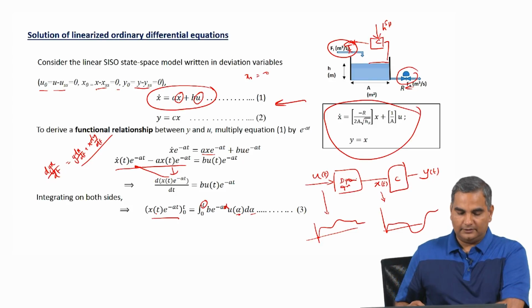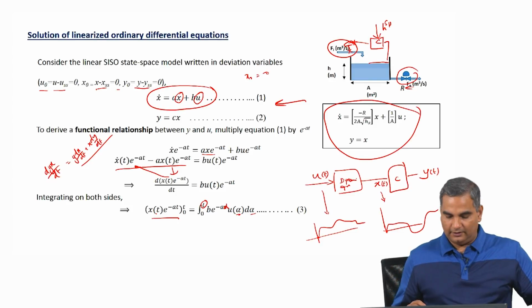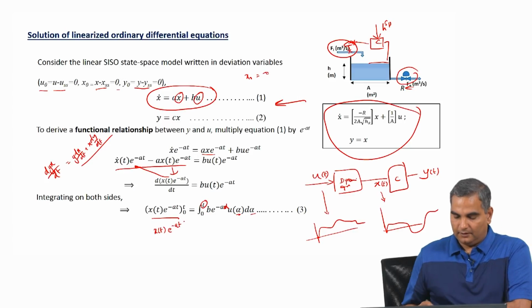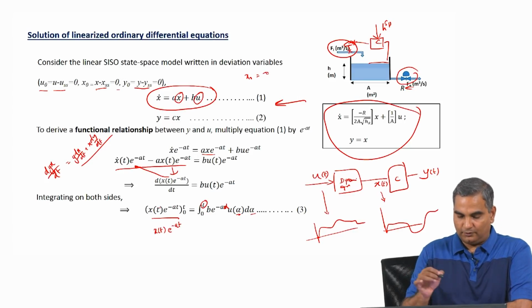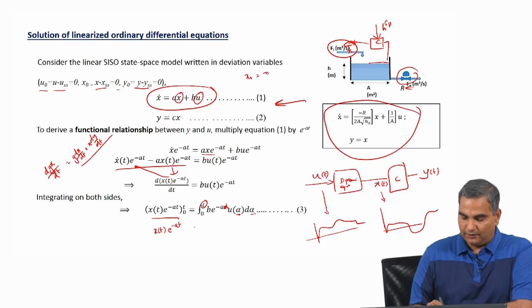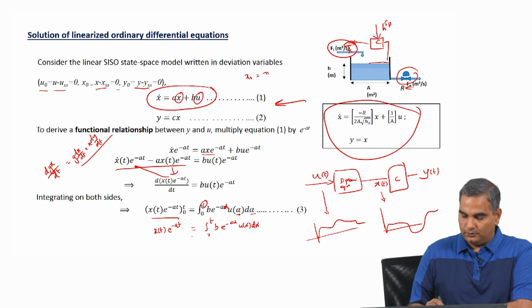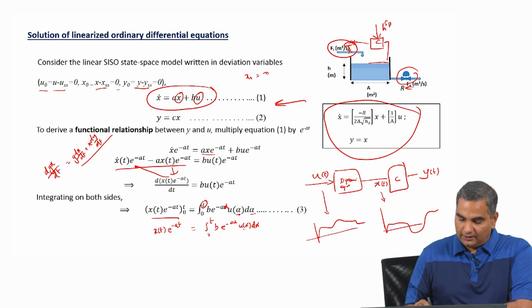So, now simplifying this you will get this equation which is x t e power minus a t minus 0, because x of 0 is 0, because we have written things in the deviation variable form, is equal to 0 to t b e power minus a alpha u alpha d alpha. Now, what you can do is you can take this e power minus a t to the other side and you can take it into the integral, because this is a definite integral up to t, whereas the running variable is alpha.